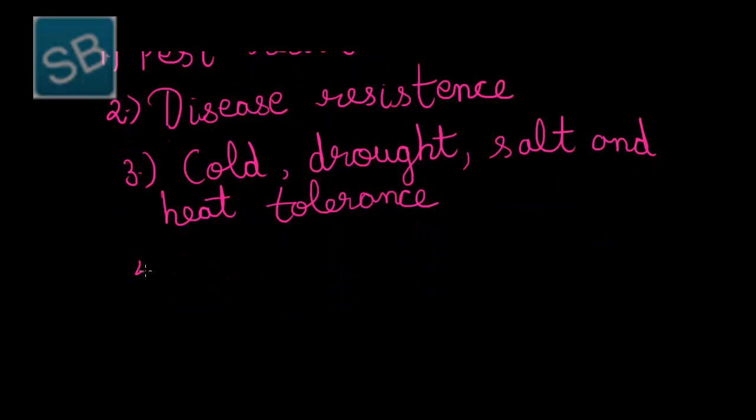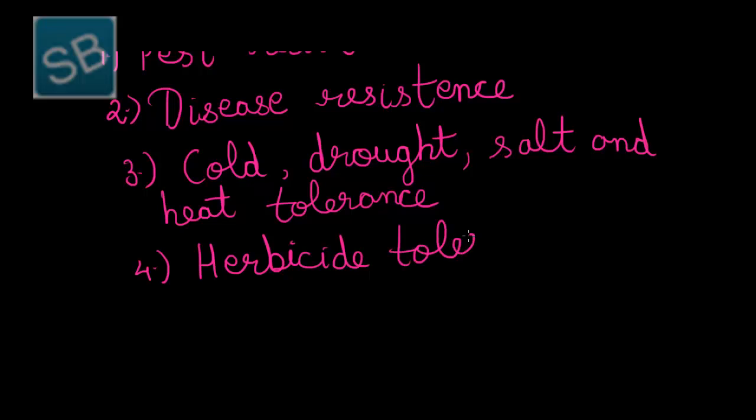Moreover, they also become herbicide tolerant. That is, the genetically modified crop plants become resistant to powerful herbicides, which can help prevent environmental damage by reducing the amount of herbicides that are needed.